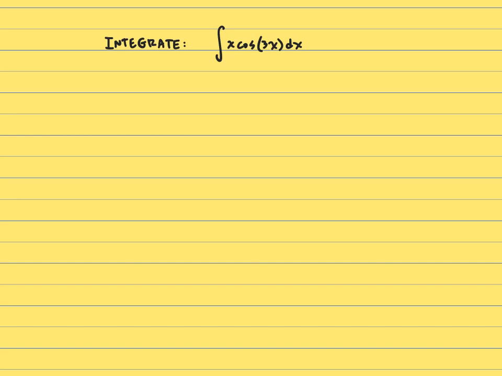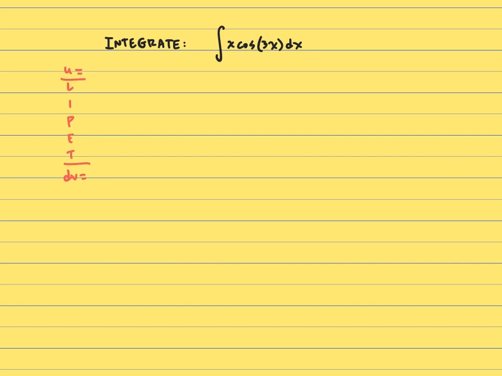So I would go with, let's line up our LIPET setup. Okay, u being up, dv being down: logs, inverse trig, polynomials, exponentials, and trig functions. So inverse trig and trig, keep those separate.